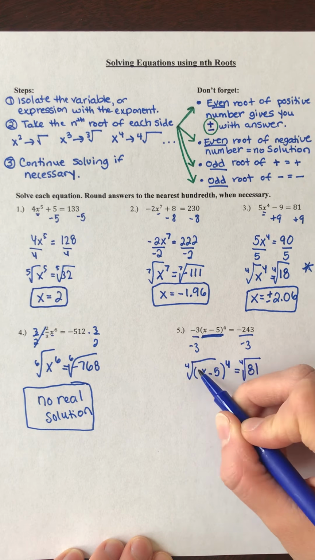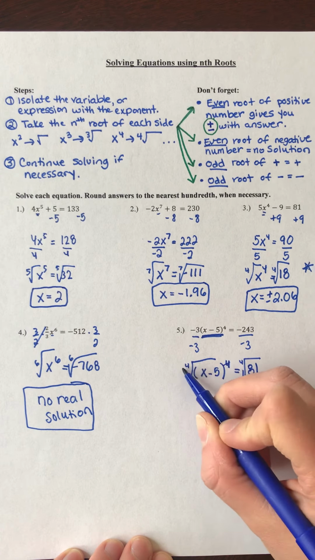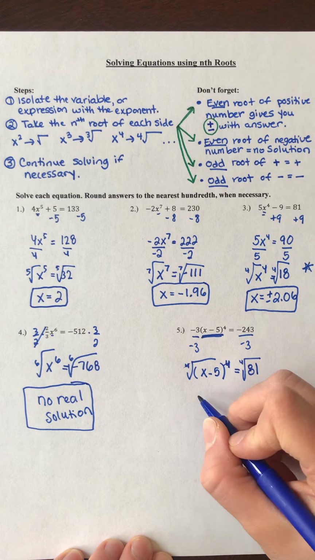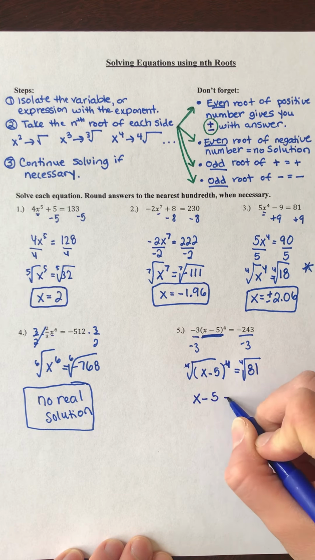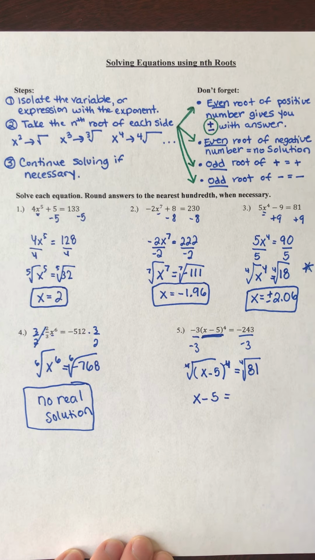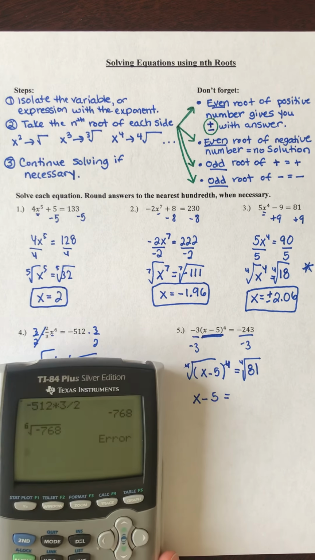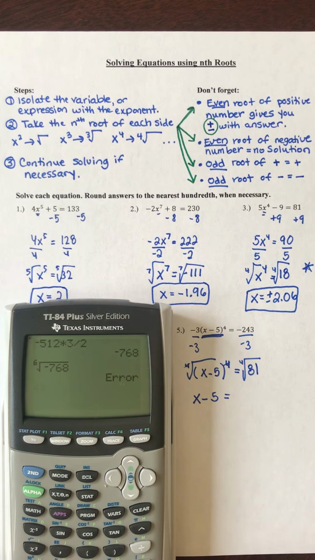The 4th root of this expression, think of it kind of as like they cancel out, and you are left with x minus 5 equals, well, the 4th root of 81. It is a perfect 4th power, but if you don't remember, you just type it in your calculator. 4 math, go down to option 5 again, 81, it gives you 3.